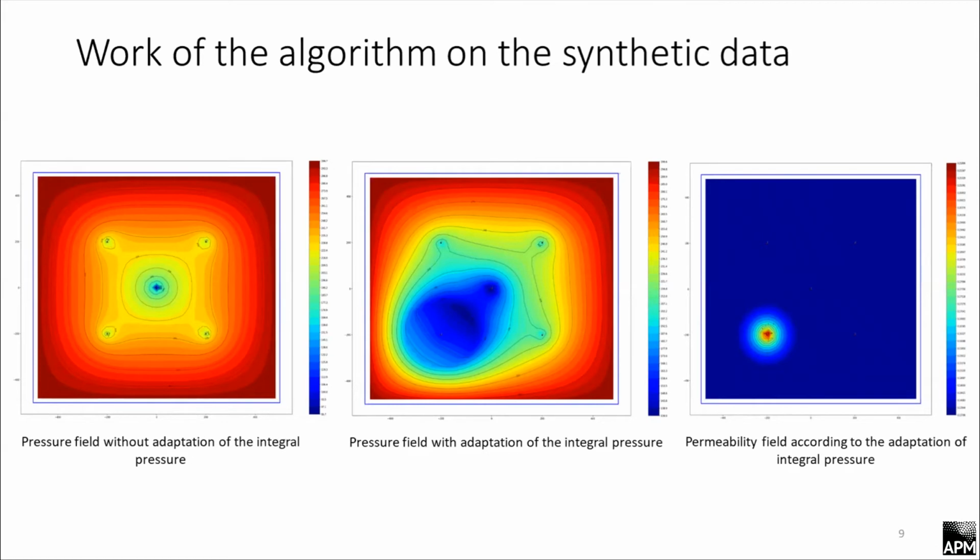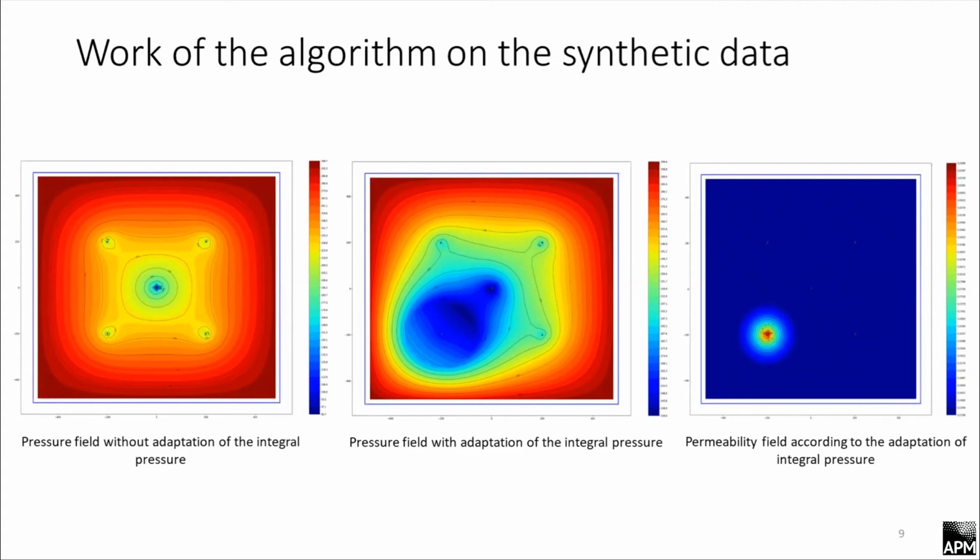But on the second picture, we have the changed pressure distribution according to the given average pressure.